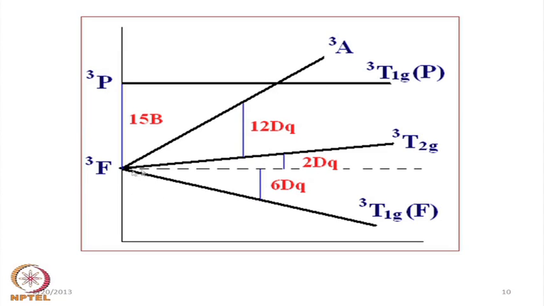And compared to the unsplit 3F level, we will find a magnitude of 2 Dq, which is different from the total 8 Dq value. So, these transitions between these levels correspond to some transitions.